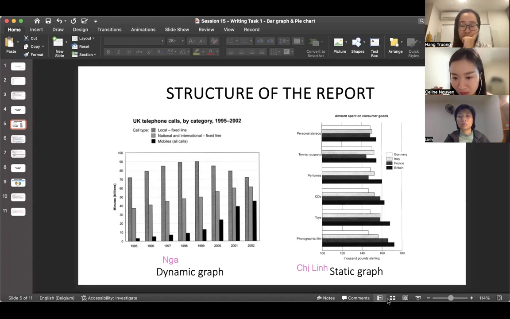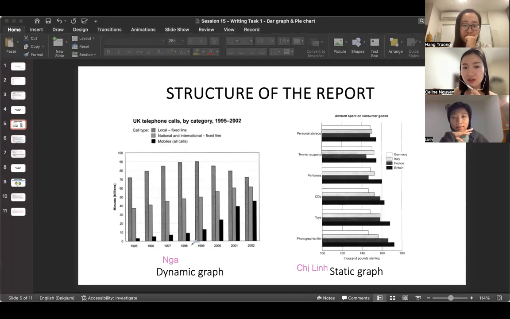Because in 1999, the local line reached a peak, maybe the highest figure. Yeah, the highest figure or highest number in the graph.